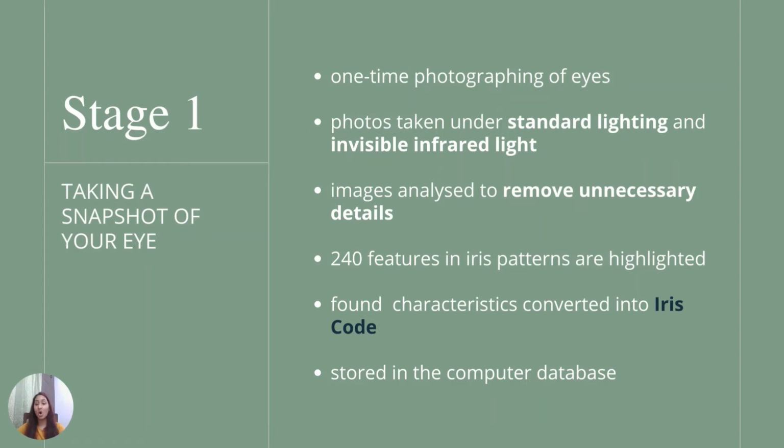After that, all found unique characteristics for each eye are converted into a simple digital number consisting of 512 digits, which is also called an iris code, which is stored in the computer database along with your name and other details. Taking a picture of your eye is completely automatic and does not take more than a few minutes.